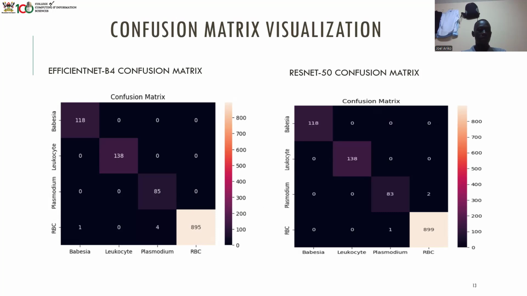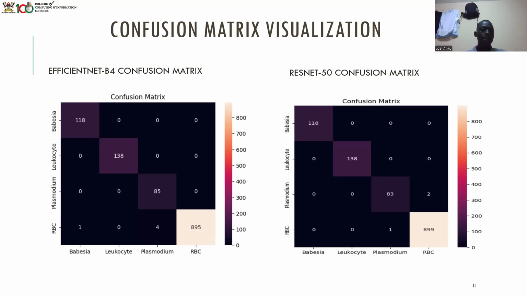But of course, we had some classes classified under Plasmodium. For example, one red blood cell was classified under Babesia, maybe because some of these cells resemble it, that's why it was classified there.